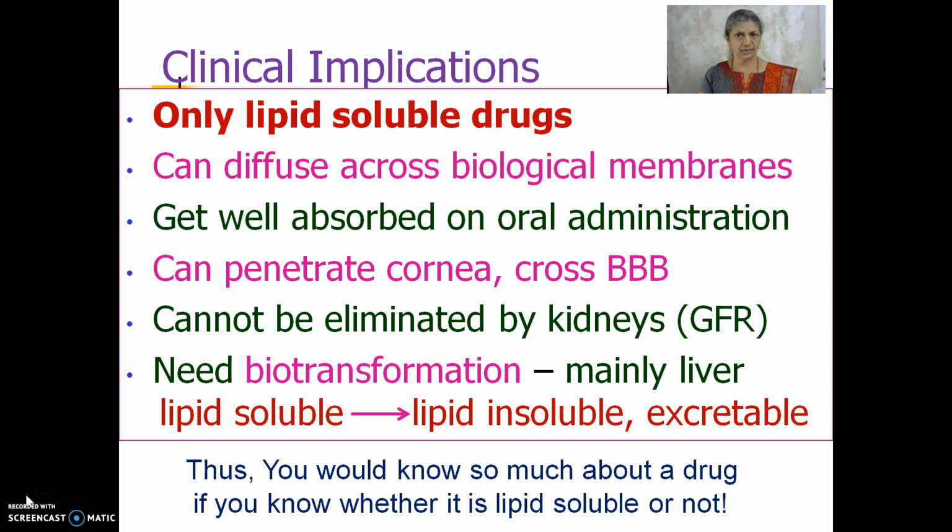So have you understood that lipid solubility decides kinetics, lipid solubility decides dynamics of the drug by deciding whether it will reach the site of action or not, and it also decides the toxicity of the drug, particularly in patients with compromised renal or liver failure. So this is the most important attribute of a drug, which decides its kinetics, dynamics, and safety profile as well, and the precautions we may need to take while giving it or considering its suitability for a particular patient in front of us.